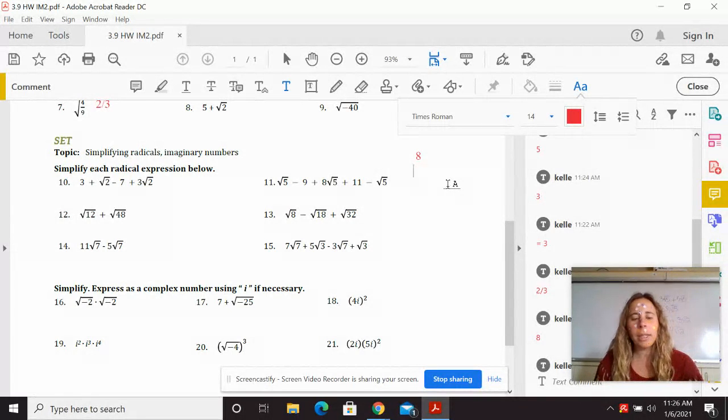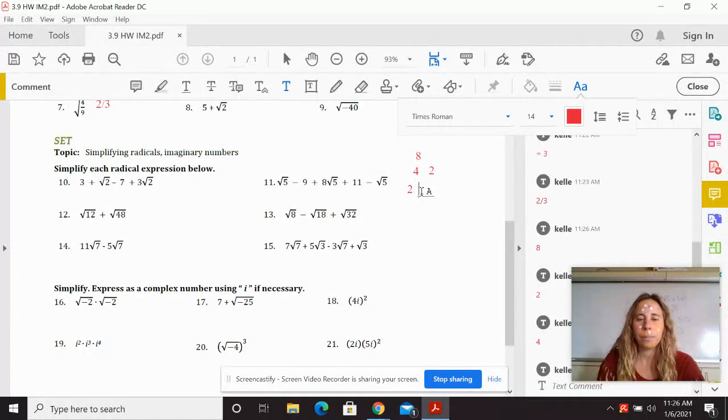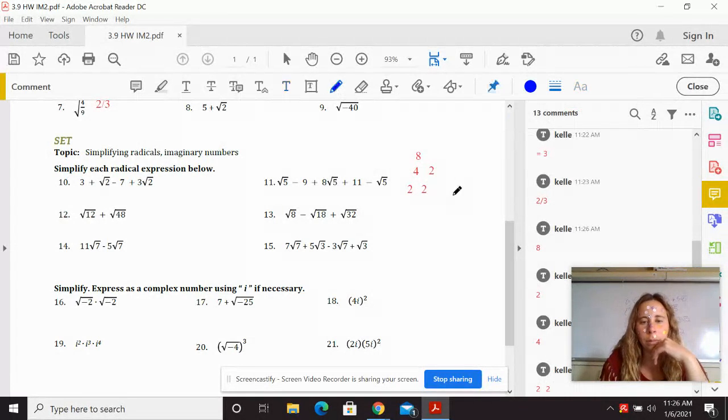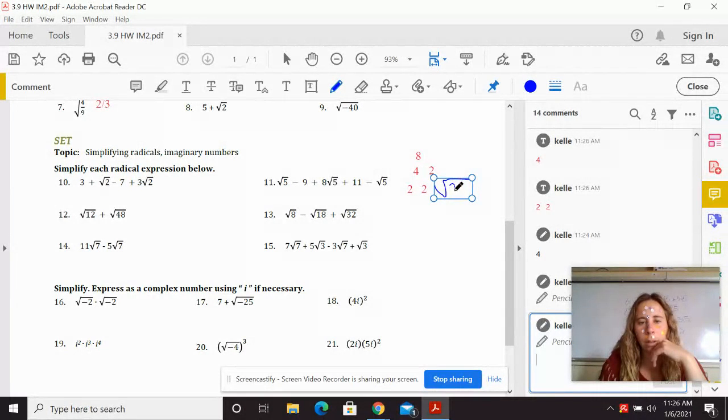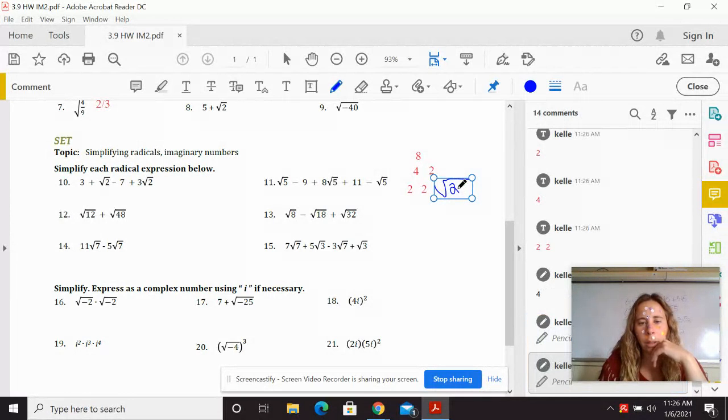So 8. Some of these, if you have them memorized, then you don't have to do the factor trees. 2 is prime, 4 is not. So 4 is 2 and 2, and 8 is 2 times 2 times 2.